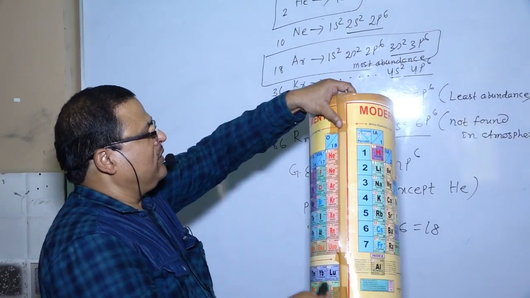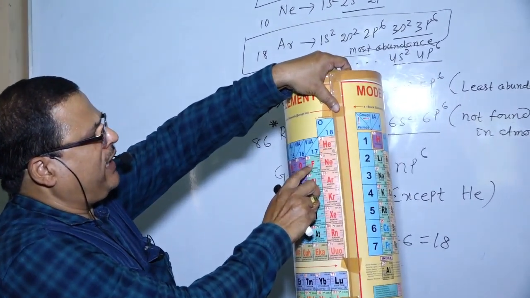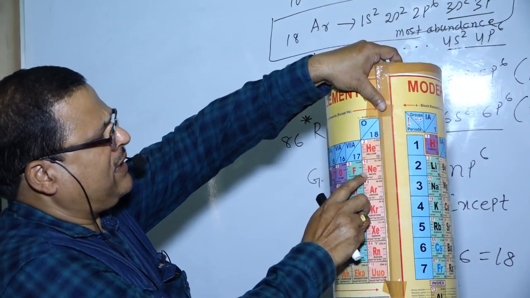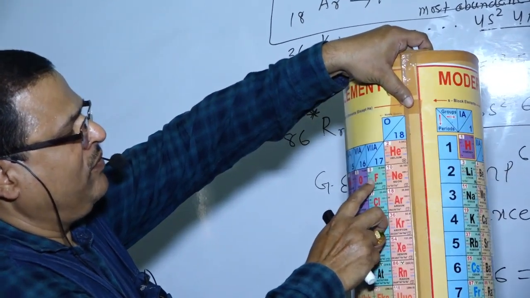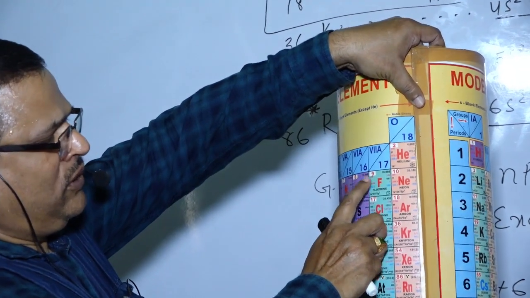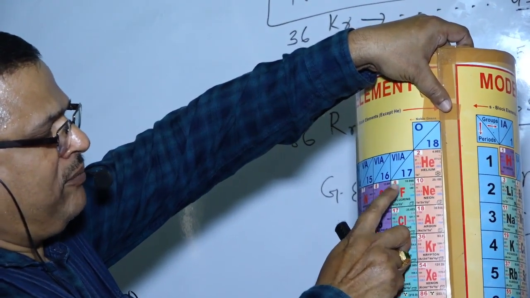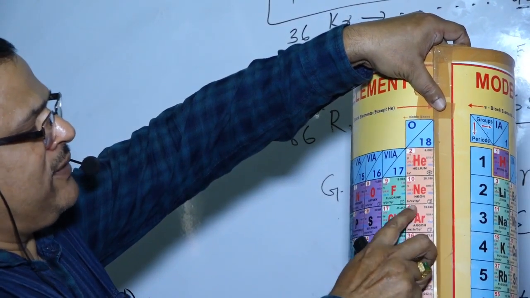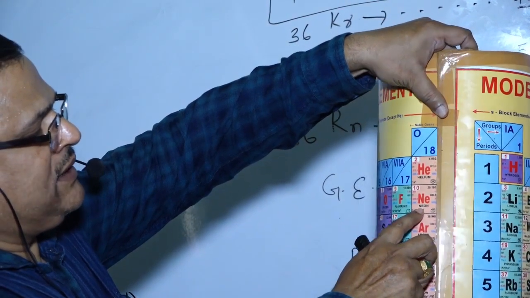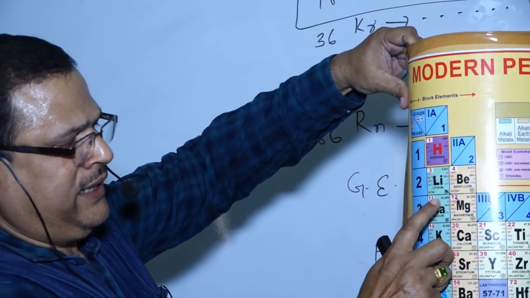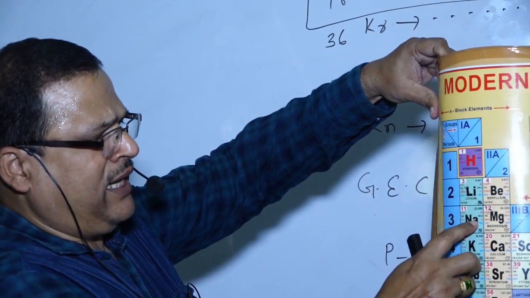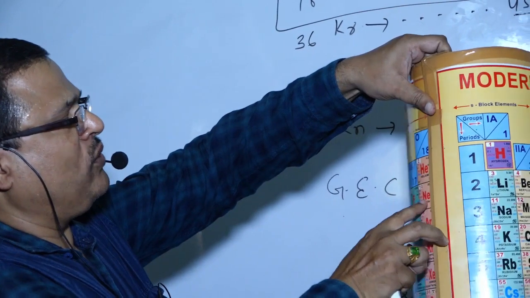For example, fluorine gets the electronic configuration of neon by the gain of 1 electron: fluorine 1s2, 2s2, 2p5 becomes 1s2, 2s2, 2p6 by gaining 1 electron. Sodium is 1s2, 2s2, 2p6, 3s1, so this element has the ability to lose 1 electron to attain the neon configuration.